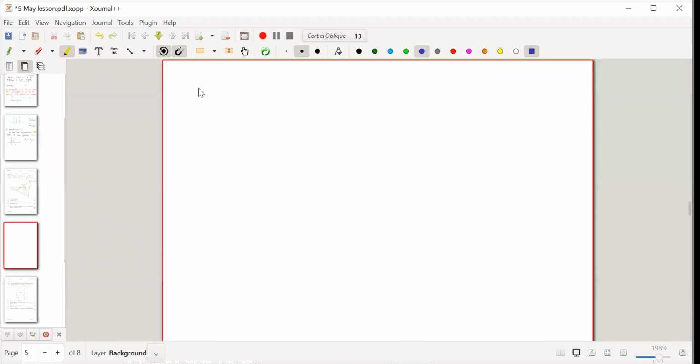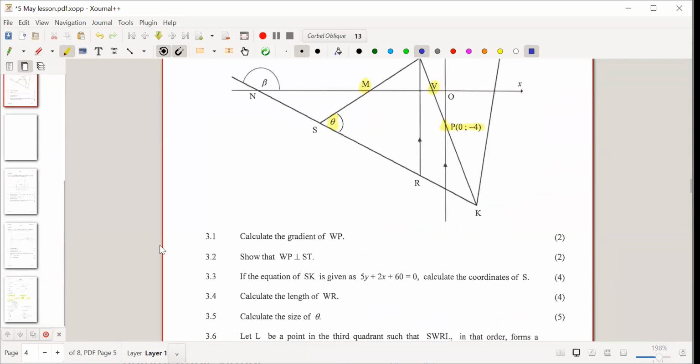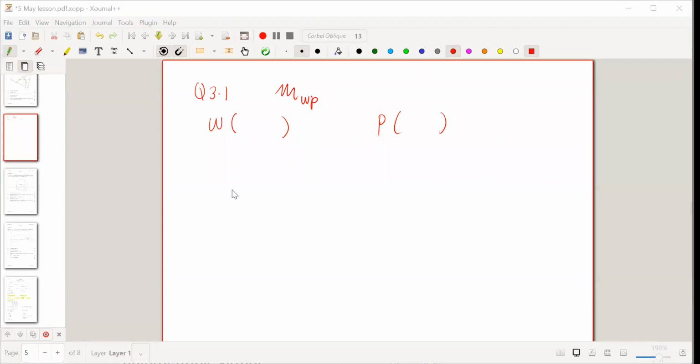It was 3.1. Wonderful. We want the gradient of WP. So do we have the coordinates for W and do we have the coordinates for P? Yes, we do. Isn't that so? Okay, someone's already given us the answer.